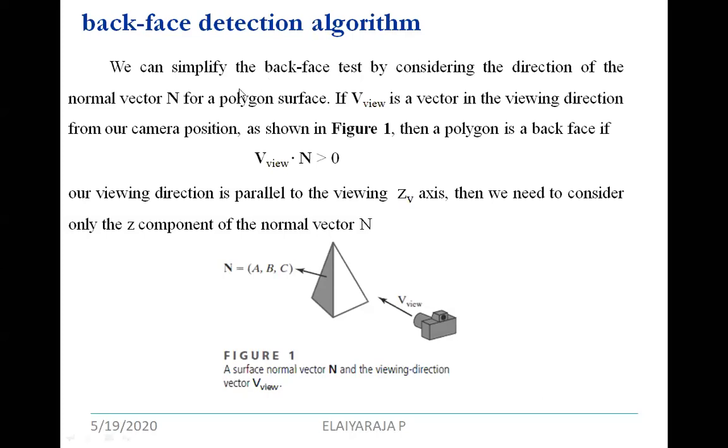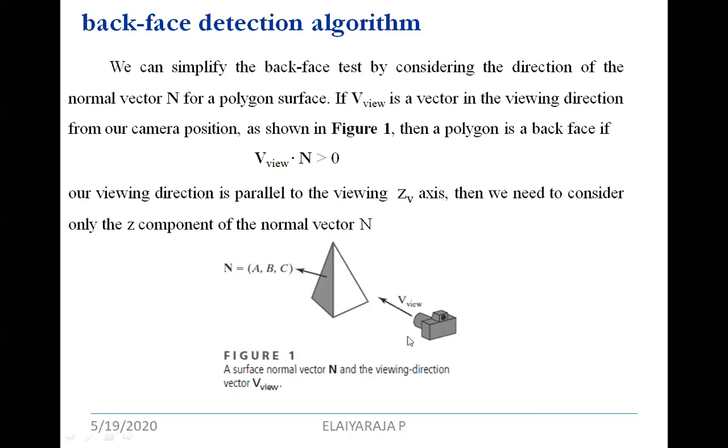So we can simplify the back face test by considering the direction of the normal vector for a polygon. If a triangle has, suppose, three faces, each surface of the polygon has a normal vector n.